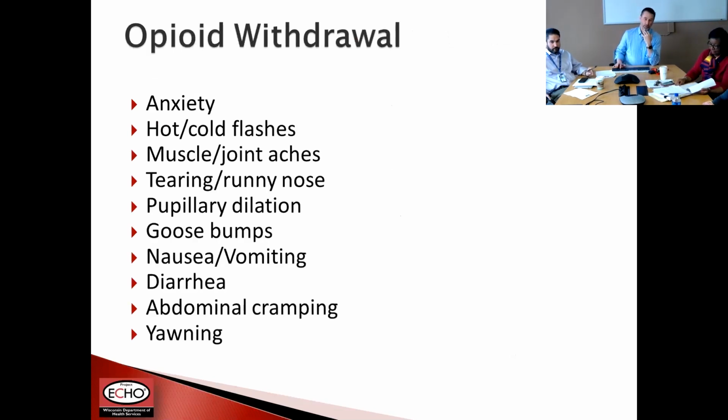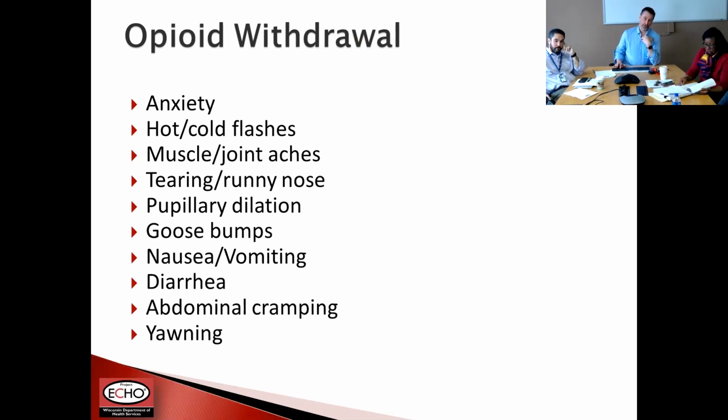And this is what opioid withdrawal looks like. Material with which I'm sure some of you are also likely familiar. And these are the symptoms that you tend to see. A lot of flu-like symptoms, but much more severe than your typical flu.